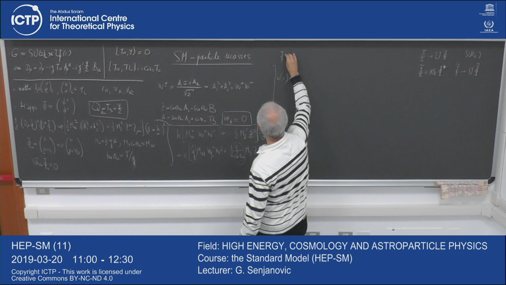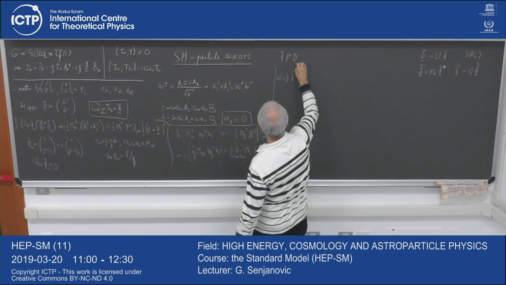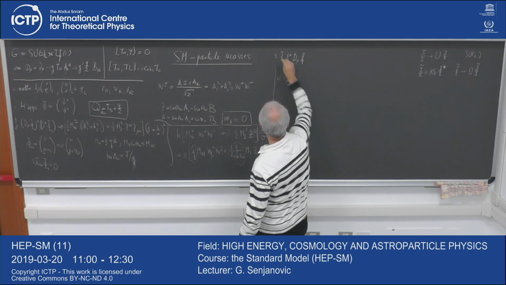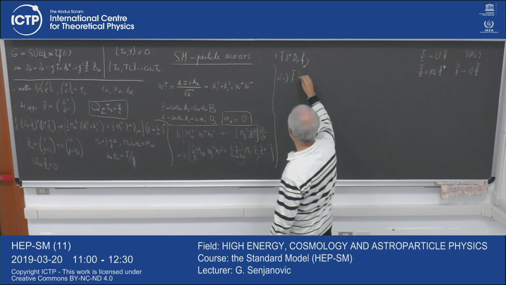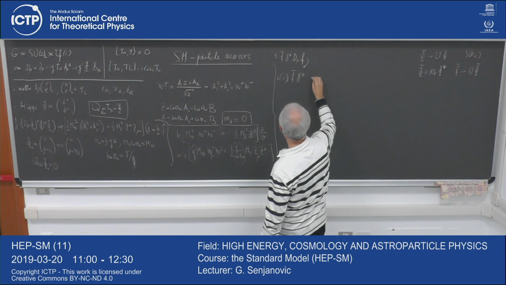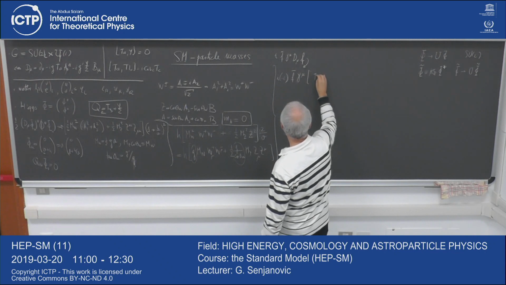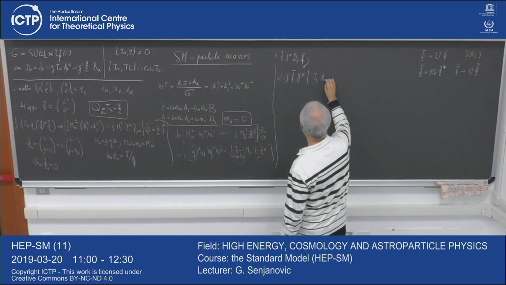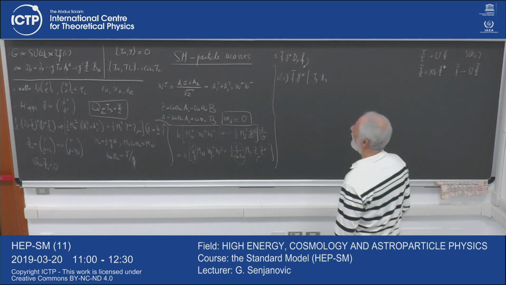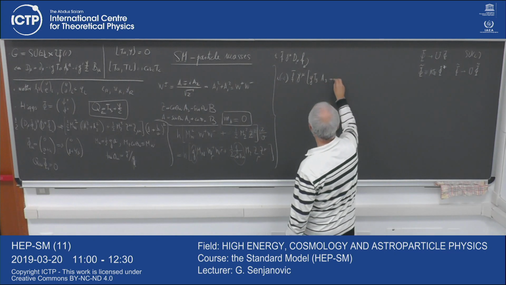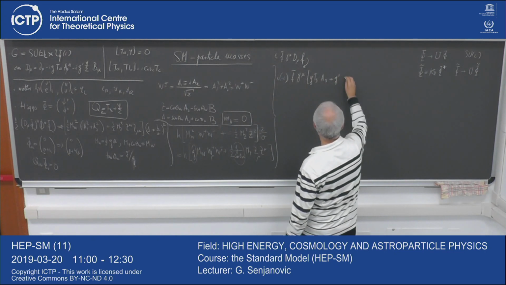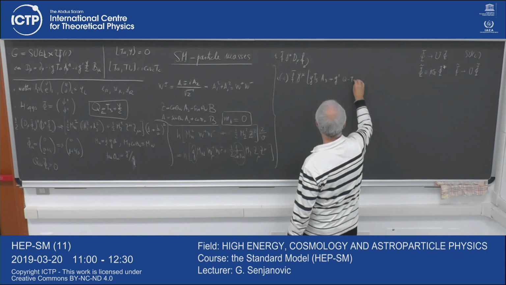In other words, ψ̄ γ^μ ∂_μ ψ gives me this. Then I have γ^μ, and then I have the neutral piece, T3 A3. I'm looking at the neutral guy, plus g plus g′ Y over 2, which I write as Q minus T3.